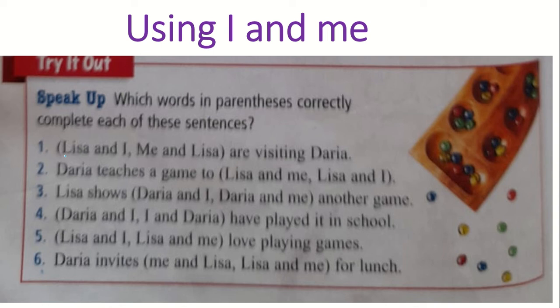In this case it will be Lisa and I are visiting Daria. Let's go to sentence 2. Daria teaches a game to Lisa and me, or Lisa and I. Now the parenthesis is in the predicate, so it's Lisa and me.